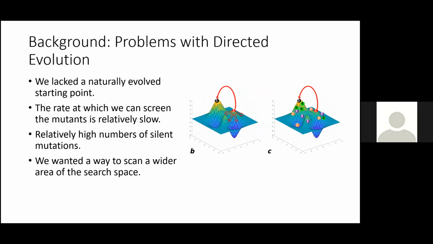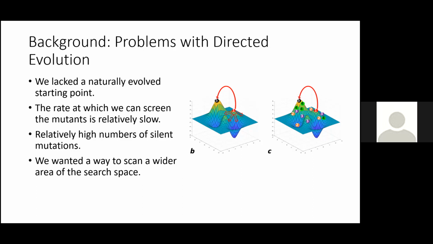For this project, though, there are some problems with using directed evolution. We don't really have a naturally evolved starting point to work from. Although there are endogenous proteins that produce CEST contrast, nothing was designed in nature to generate CEST contrast, as the presence of MRIs has not exerted a significant selective pressure on most of nature.